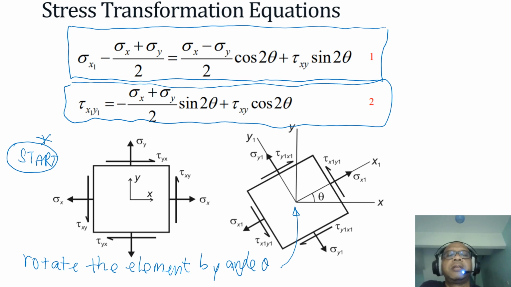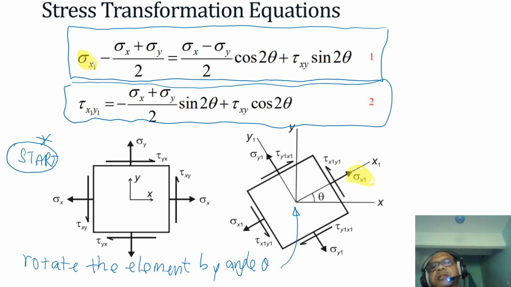Suddenly the stresses acting on that rotated element are called sigma x1, which is normal to the surface inclined at an angle theta, sigma y1, and then tau x1 y1, and these are the three things that we need to find, and this is given by these equations. Sigma x1, the normal stress there, is given by this function.